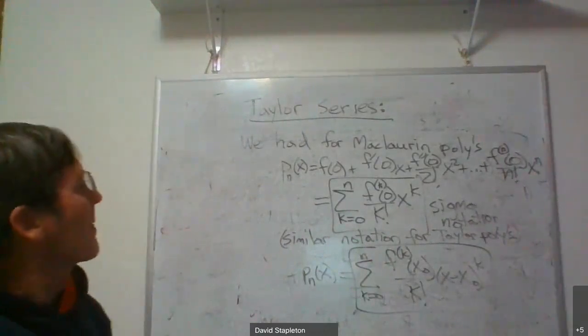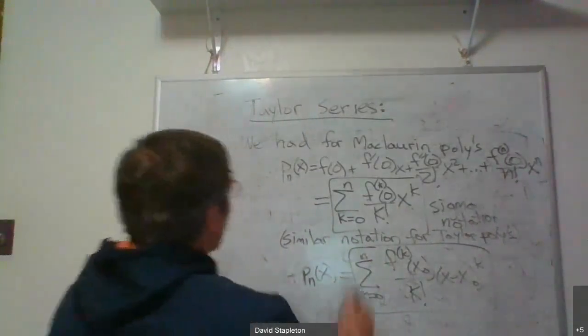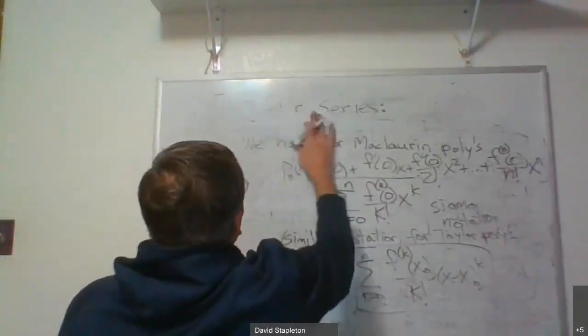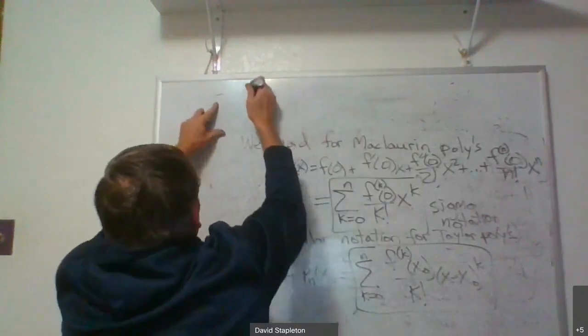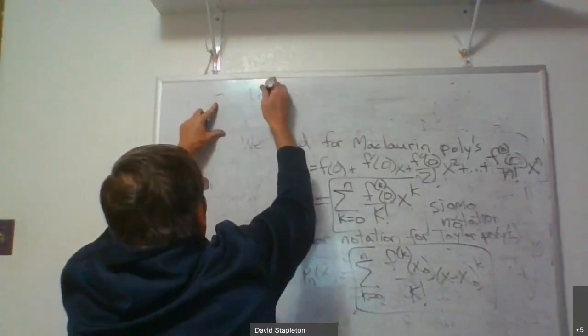Now what we want to do is take the limit as n goes to infinity of these. We call those the Taylor and Maclaurin series. Write that down.